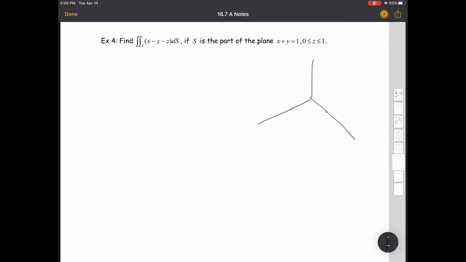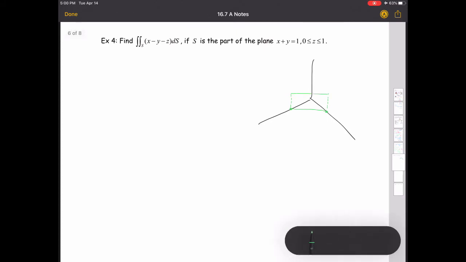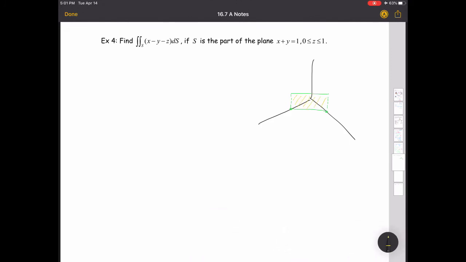So really, this thing is just basically like this, and then it goes up a vertical distance of 1 unit, something like that. So this is almost kind of like the window or whatever that we're looking at there. That's the surface that we're trying to take this on.